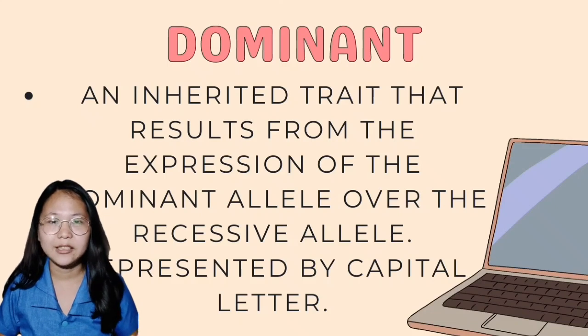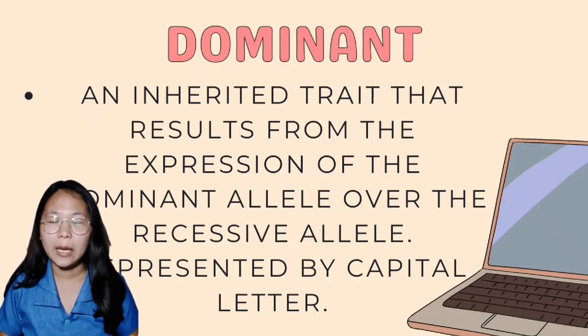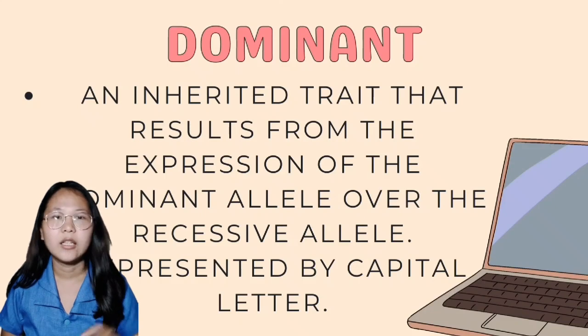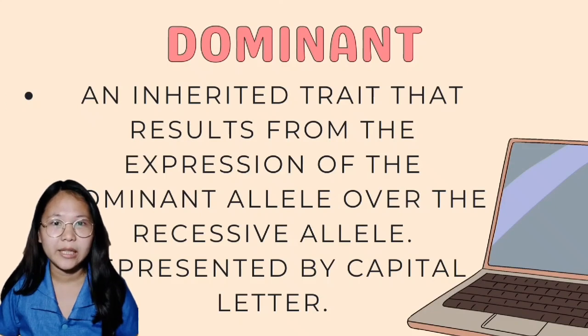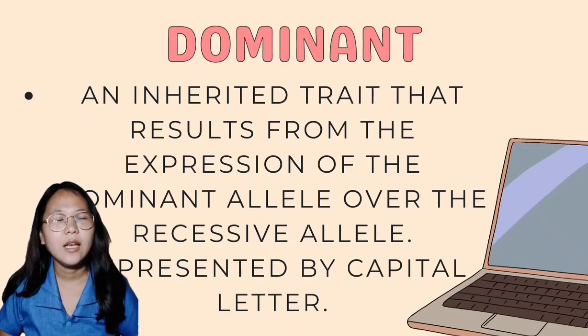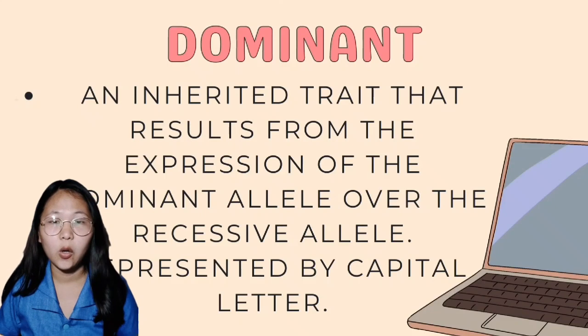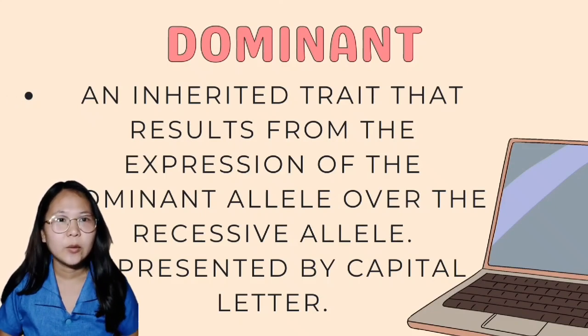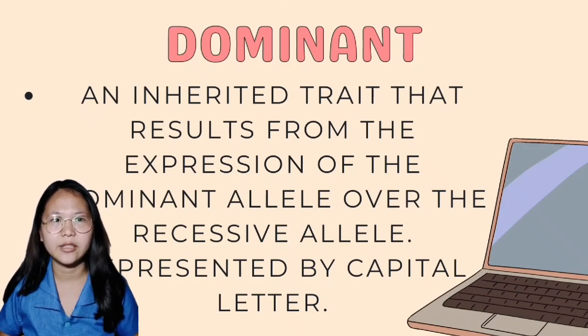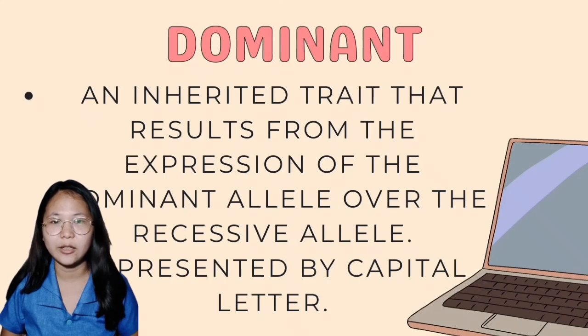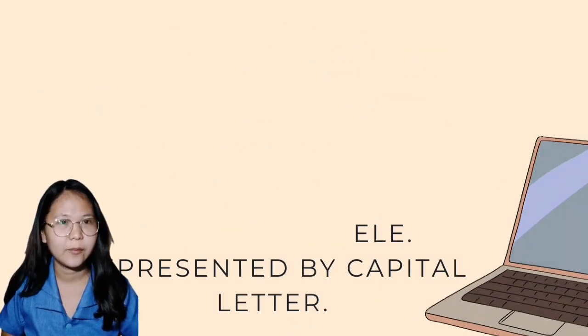Dominant is represented by a capital letter, any capital letter: R, S, L, O. Dominant traits are always seen and can hide recessive traits. Dominant traits are seen, but some may be carrying a recessive trait that can be passed on to the kids.